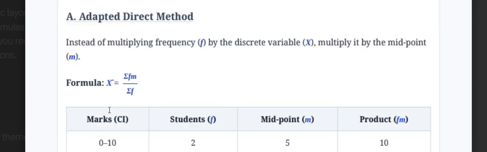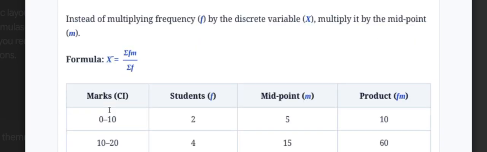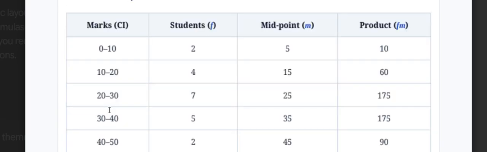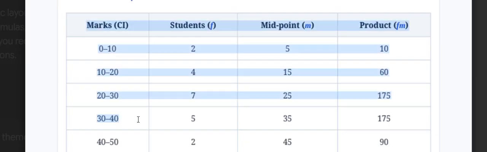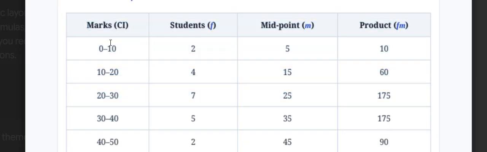How are we going to solve that with the direct method, or arithmetic mean with the direct method? All the methods will be similar. Simply put the class intervals here, marks is mentioned: 0 to 10, 10 to 20, 20 to 30, 30 to 40, 40 to 50.